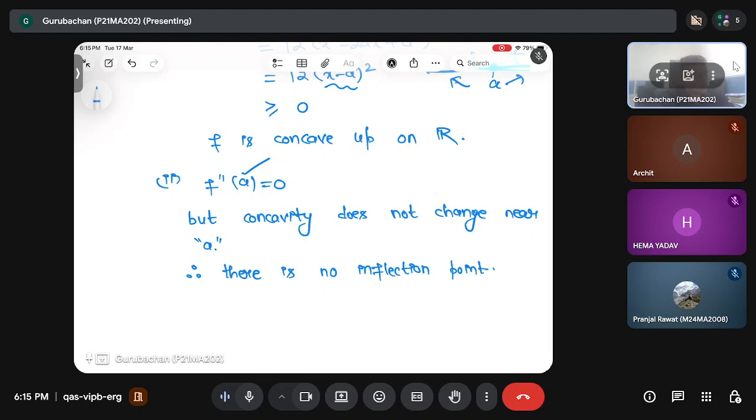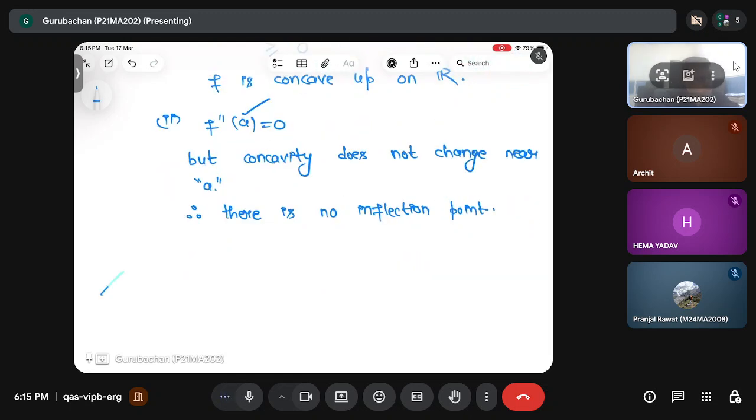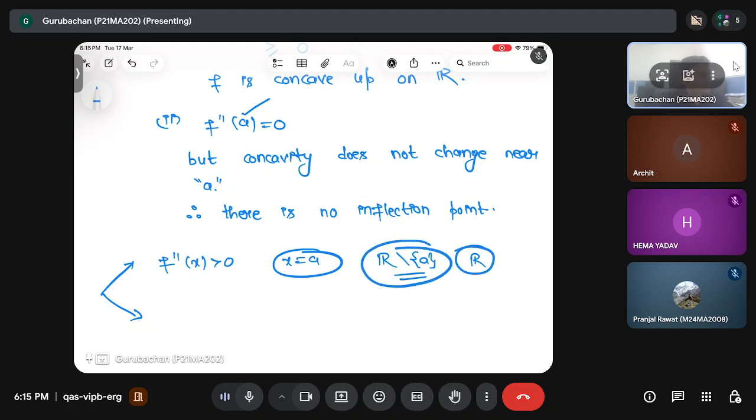So now we need to discuss two points. One is why we are considering x equal to a in the concave up sense, why we are not saying R minus a rather than R. So we need to do this comparison.